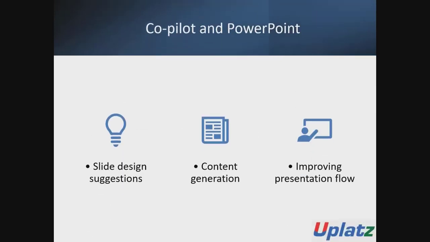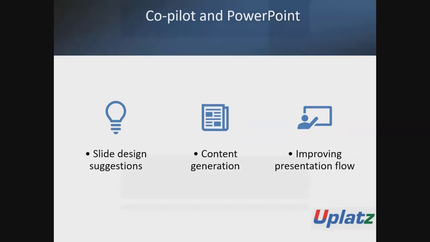We can see that we have the Copilot in PowerPoint options as well, where Copilot can easily integrate with Microsoft PowerPoint, where we get slide design suggestions, we have content generation, and also we can improve the presentation flow as well.